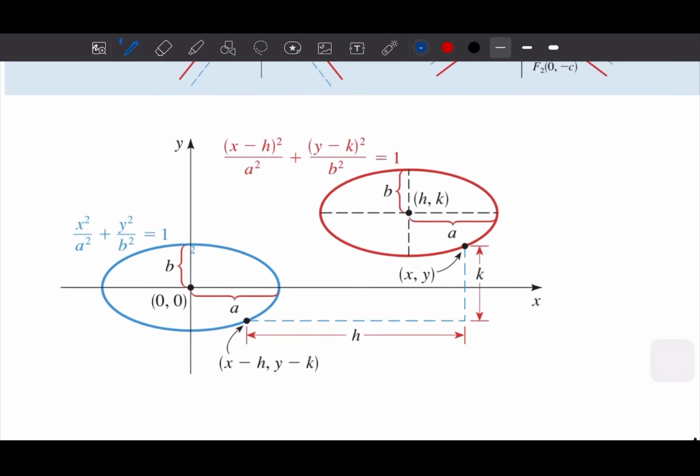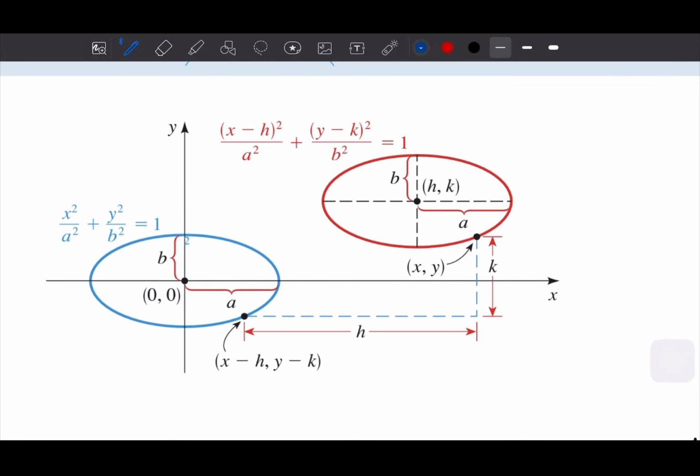For example, in the ellipse, we could take our center, the same thing as in the circle equation. So we are going to move this origin to some point (h, k), and we define it as x minus h squared, y minus k squared, and then the ellipse is still the same.